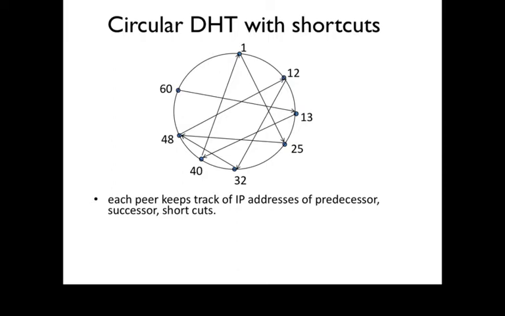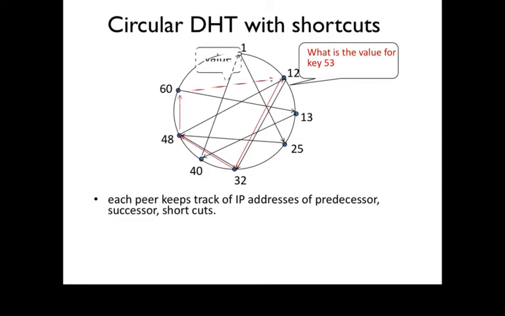In this case, every peer has two shortcuts. Let's say 12 wants to look up the key 53. Now it has this shortcut, so it doesn't have to go to 13. It can directly go to 32, then 48, 60, and then it can get returned. So you can cut down the number of messages from 6 to 3 by having shortcuts.